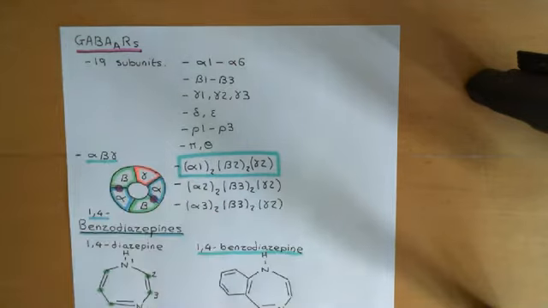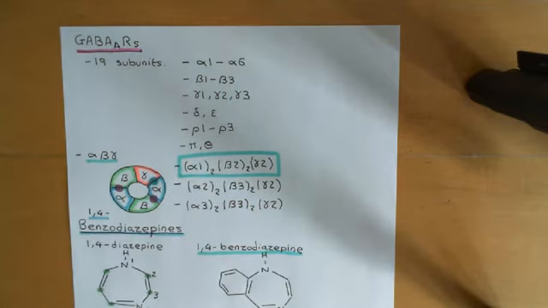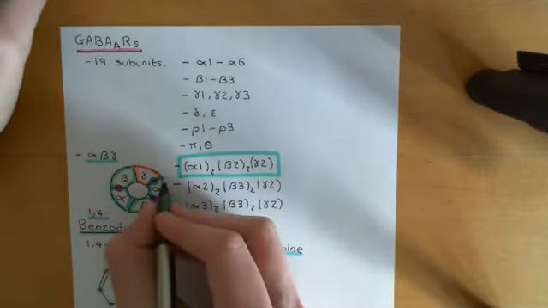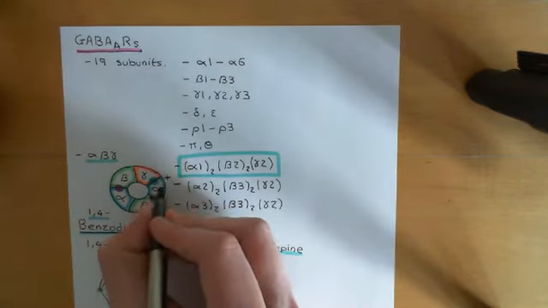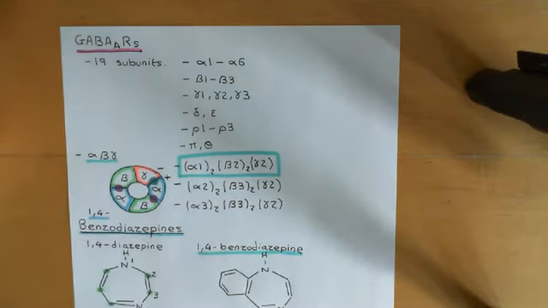I won't do it in vivid purple because that's how I've shown the GABA binding sites. I'll do it in turquoise. So in some alpha, beta, gamma type GABA A receptors, you have a benzodiazepine binding site between the positive aspect of the alpha subunit here and the negative aspect of the gamma subunit there.